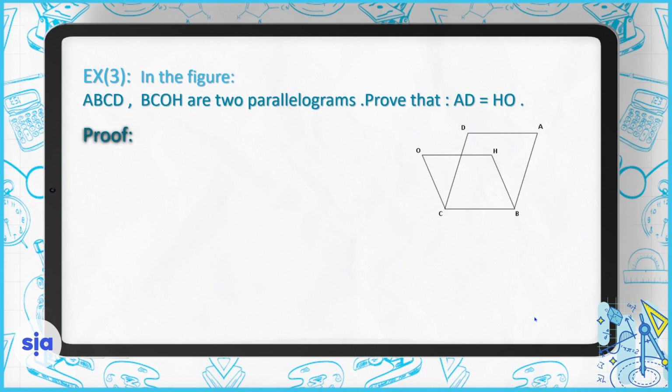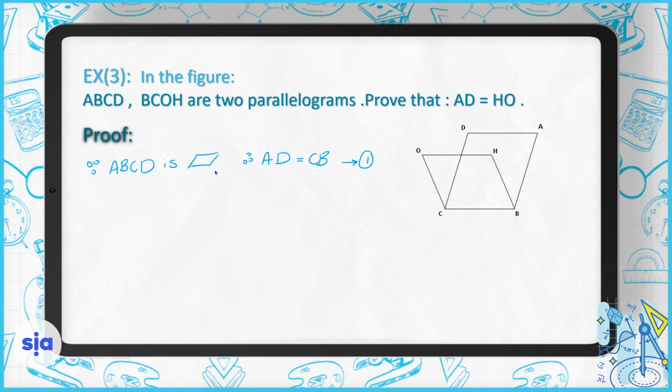Exercise number 3. In the figure, ABCD and BCOH are two parallelograms. The question wants me to prove that AD is equal to HO. Since ABCD is a parallelogram, therefore AD is equal to CB. Let's call this equation number 1.